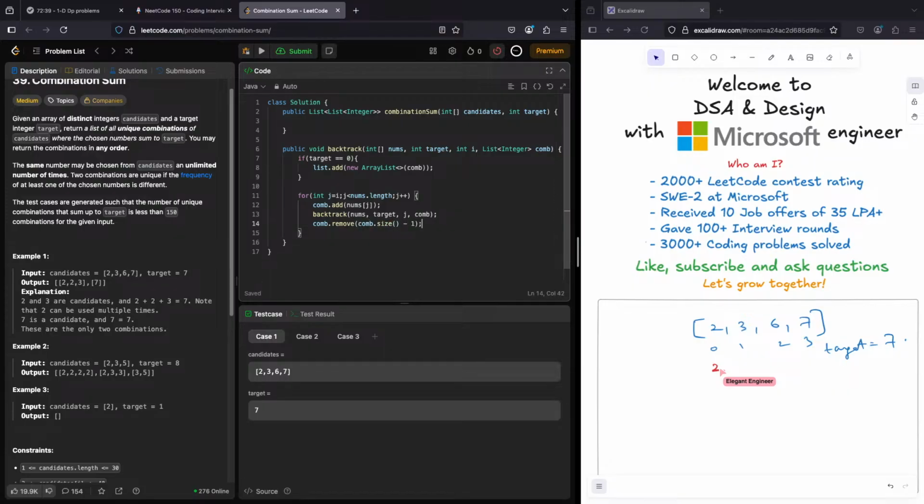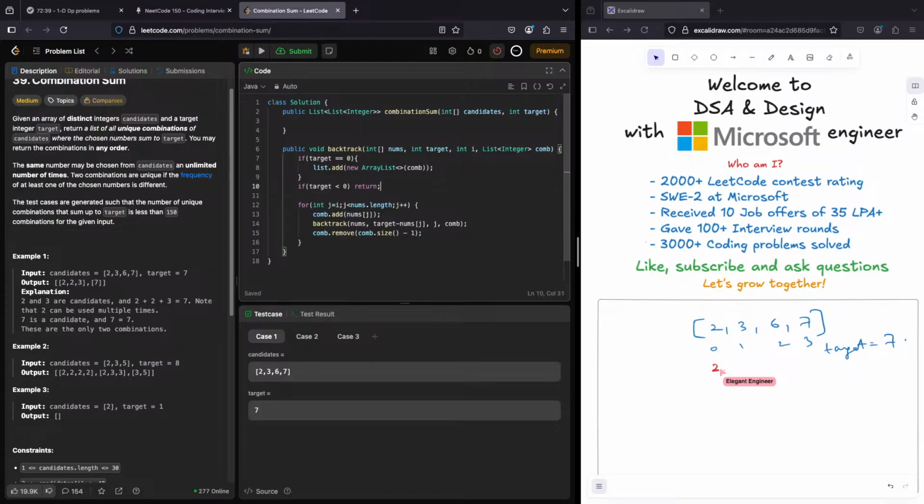If I do a dry run, how is it going to look? You picked 2, then you came back and again picked 2, and need to reduce the target. If the target is less than 0, then you just return, can't do anything. So you'll pick 2 in the next one again.